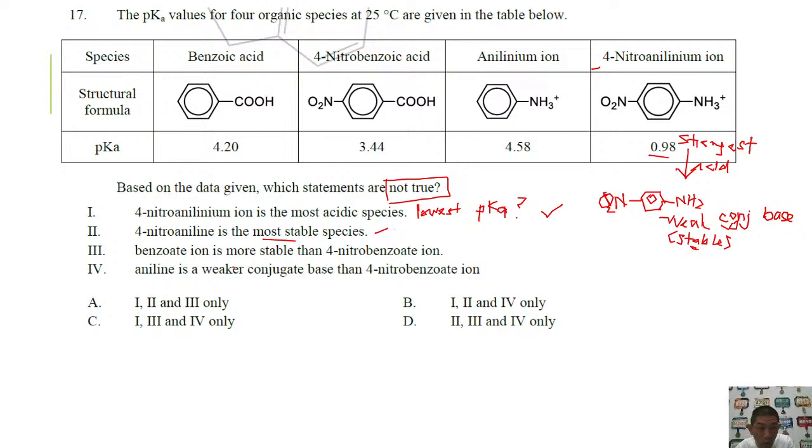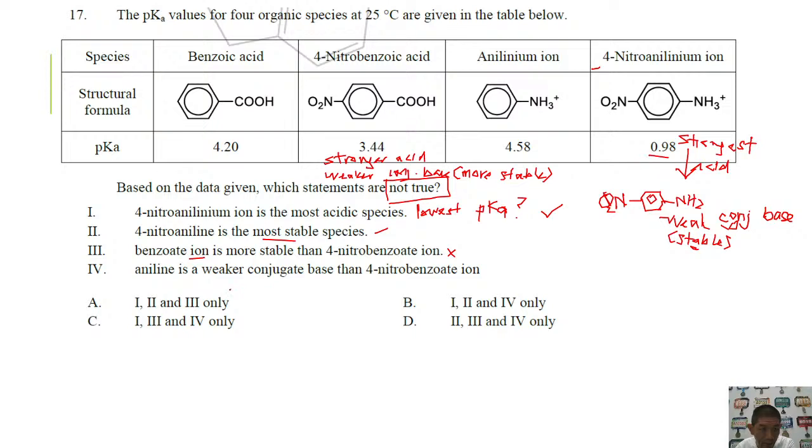And then number 3, benzoate ion is more stable than 4-nitrobenzoate. When this is a stronger acid, that means it is a weaker conjugate base, and a weaker conjugate base is more stable. So this statement is not true.